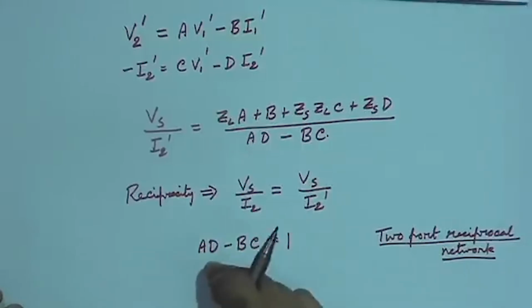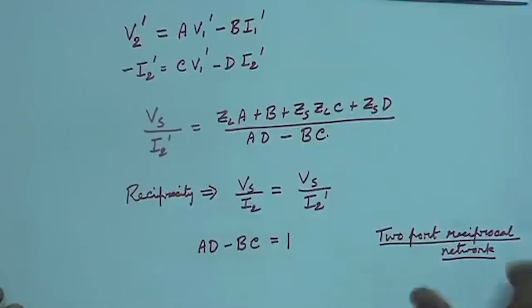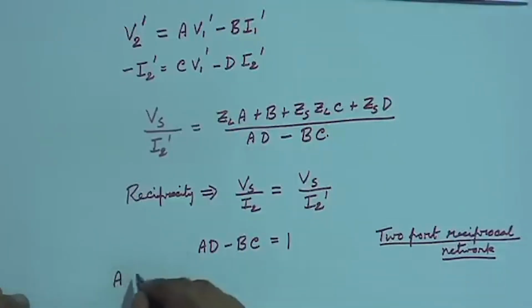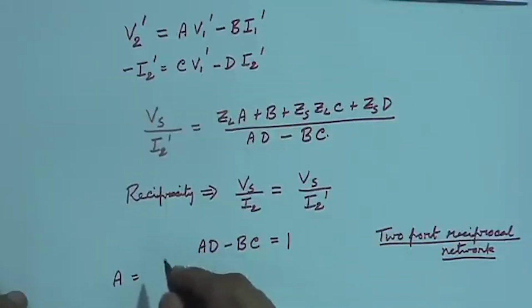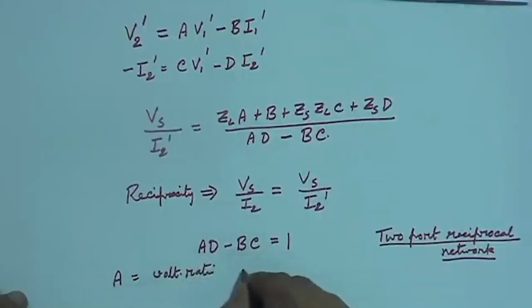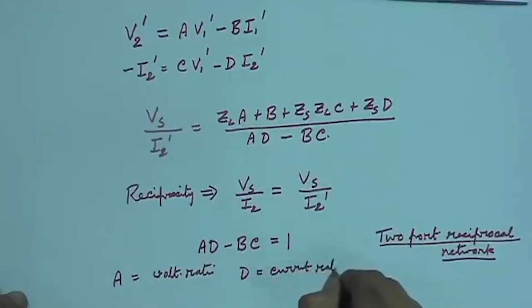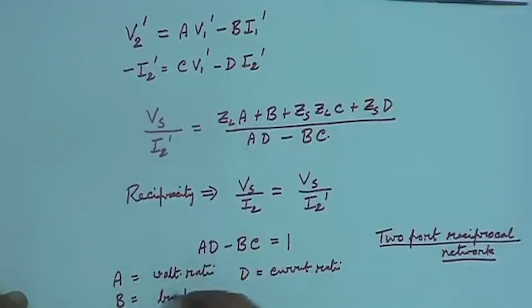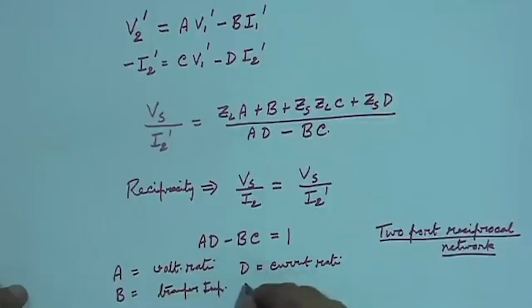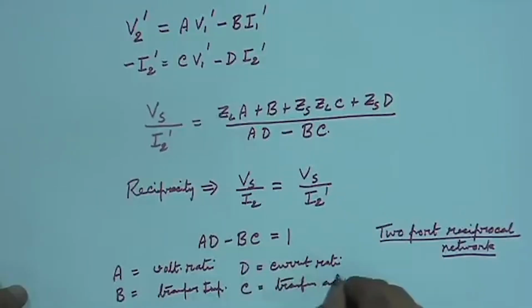Now, here you see ABCD is not suitable for me when I go to filter design. Why? Because what is A? If you see the definition of A, it is a voltage ratio. D is a current ratio, B is a transfer impedance, and C is a transfer admittance.